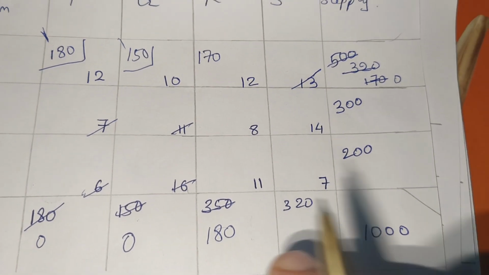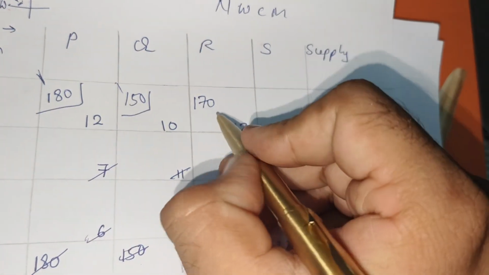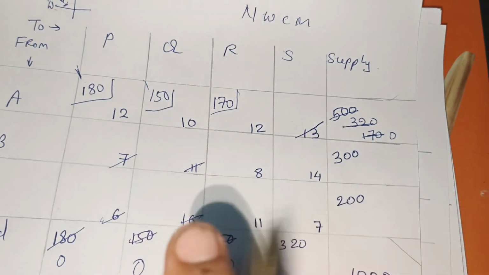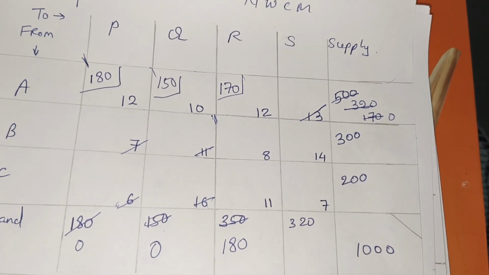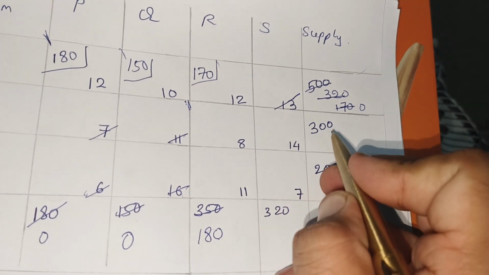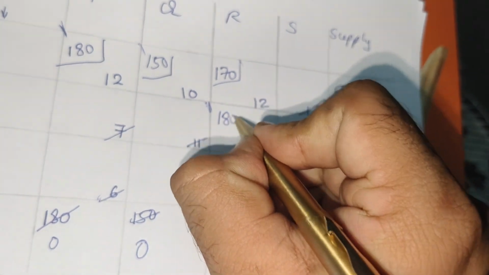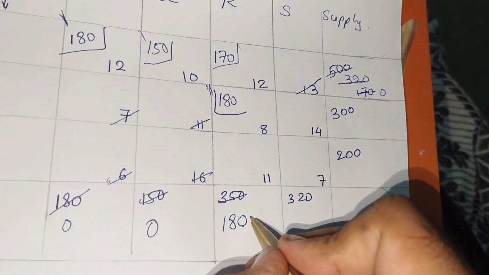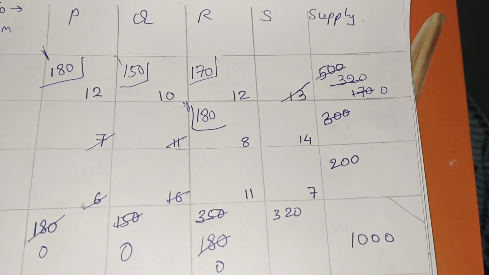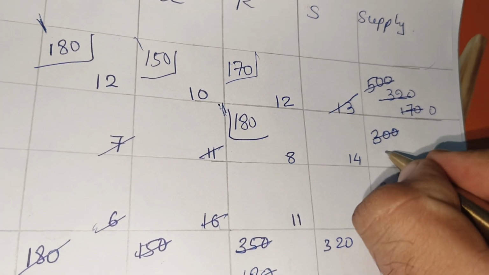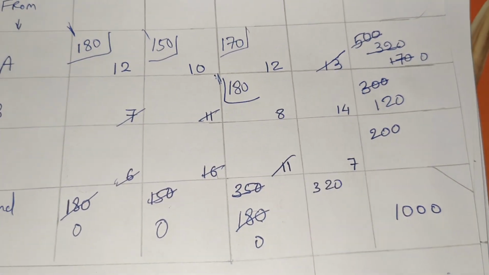And now you have a northwest corner here. Because this is allocated, you cannot consider this; you have to consider this as your northwest corner. So here 180 and 300. Obviously you can allocate 180. Here it would be again 0. Subtract 180 from it, which will give 120. Here it is 0, so obviously you cannot allocate anything to it.